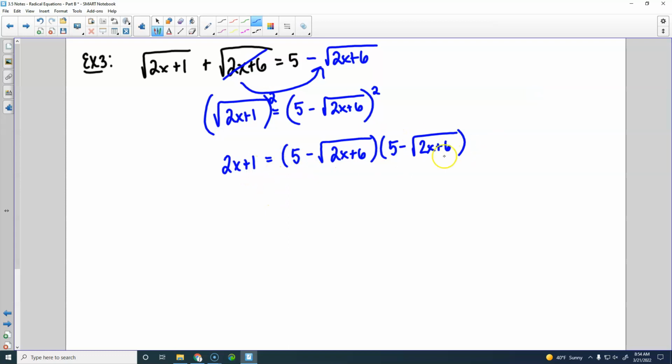So to multiply these two together, we have to distribute. So 5 times 5 will give us 25. 5 times negative square root of 2x plus 6. I can't multiply those together because the 5 is not under the square root and the other stuff is. So I just write them next to each other to show that they're multiplied, but I can't combine them.